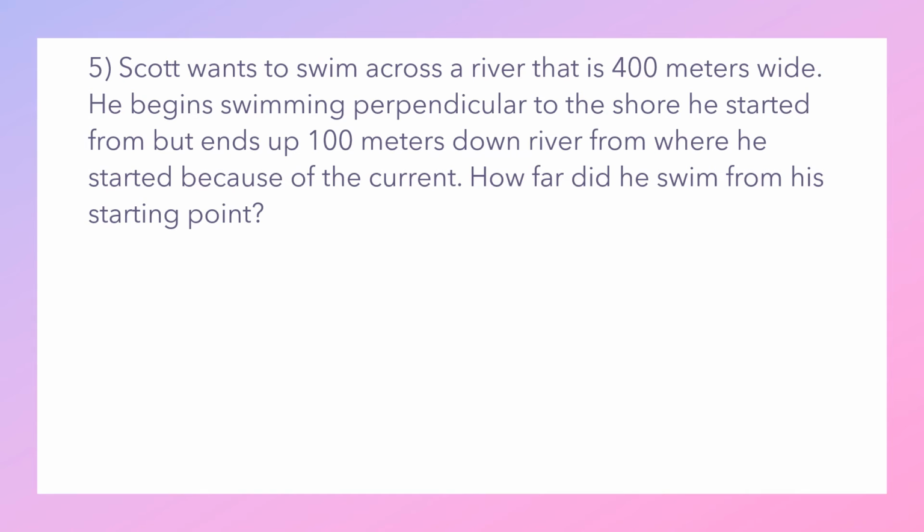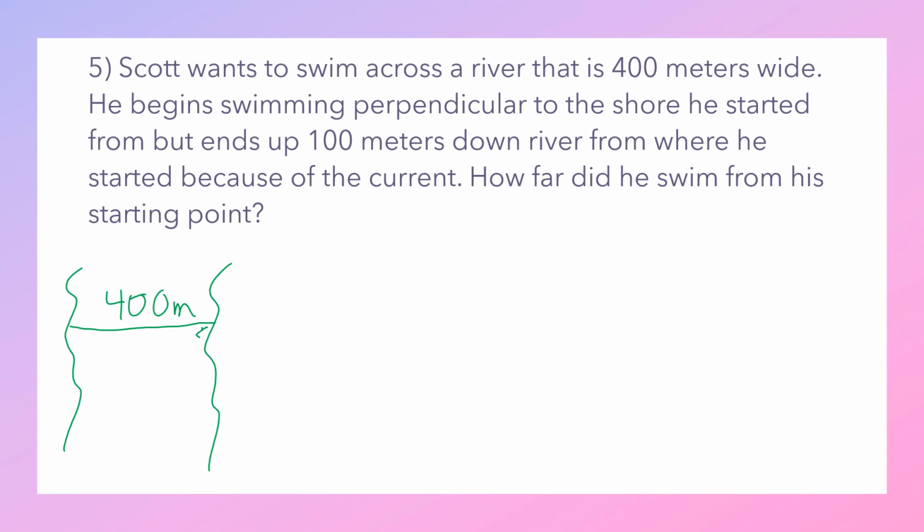Okay, so then for number 5, Scott wants to swim across a river that is 400 meters wide. So he swims across, that's 400 meters. He begins swimming perpendicular to the shore, so perpendicular to the shore he started from.